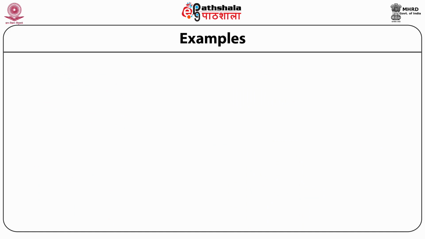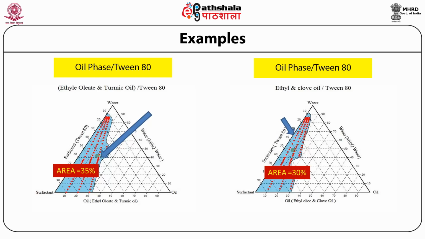In this example, you can see different oil phases were taken. In the first triangle, the oil phase is ethyl oleate and turmeric oil, whereas in the second triangle you can see ethyl oleate and clove oil. You can see there is a difference in the microemulsion region when we have titrated with water and surfactant.